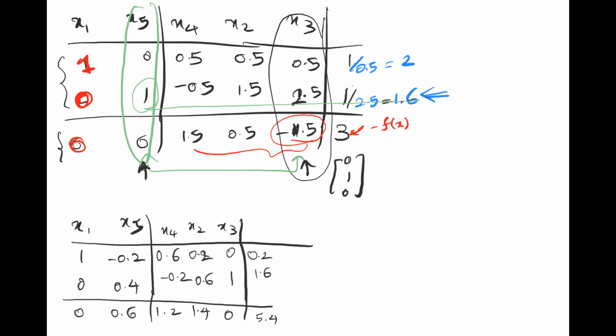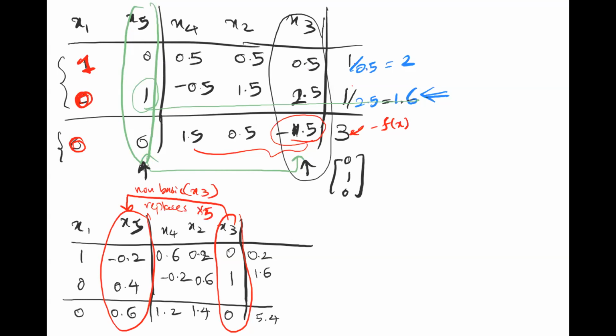All right, so at this point, I'm going to switch. What does that mean? Non-basic x3 replaces x5, which is in the basis. So how does our new tableau look?